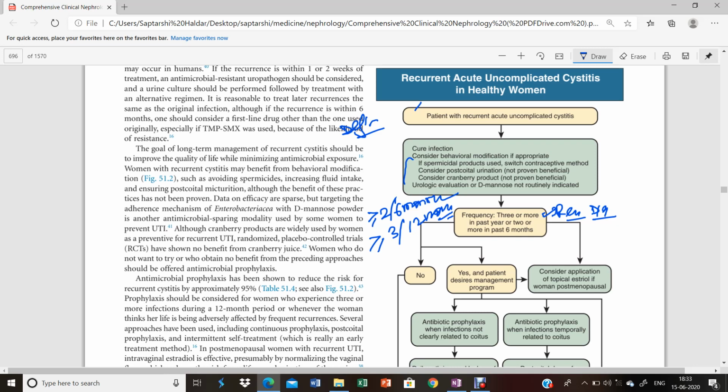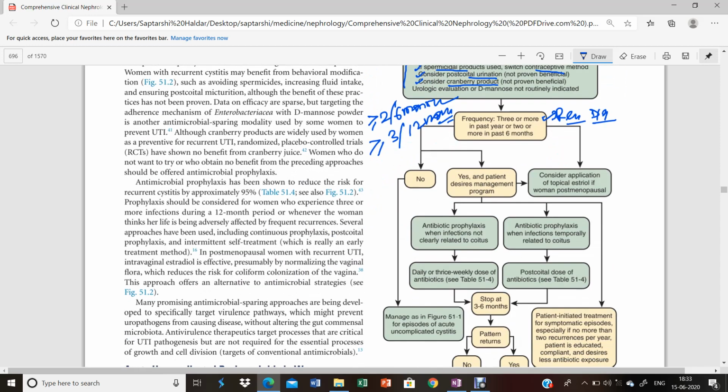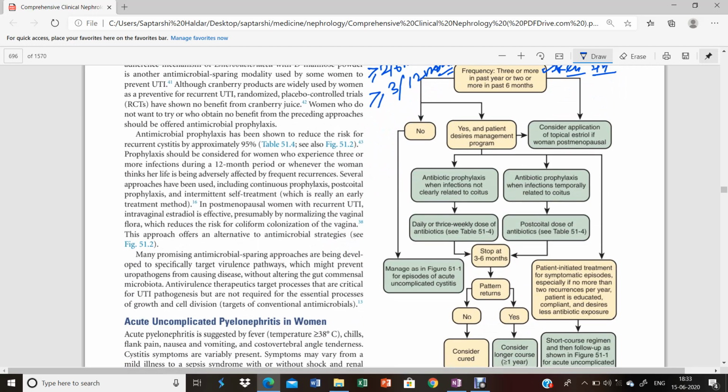When we diagnose recurrent cystitis, first we will consider some conditions. We ask the patient to change spermicidal products, use other contraceptive methods, consider postcoital urination, or consider cranberry products. Then we evaluate whether the patient is postmenopausal.